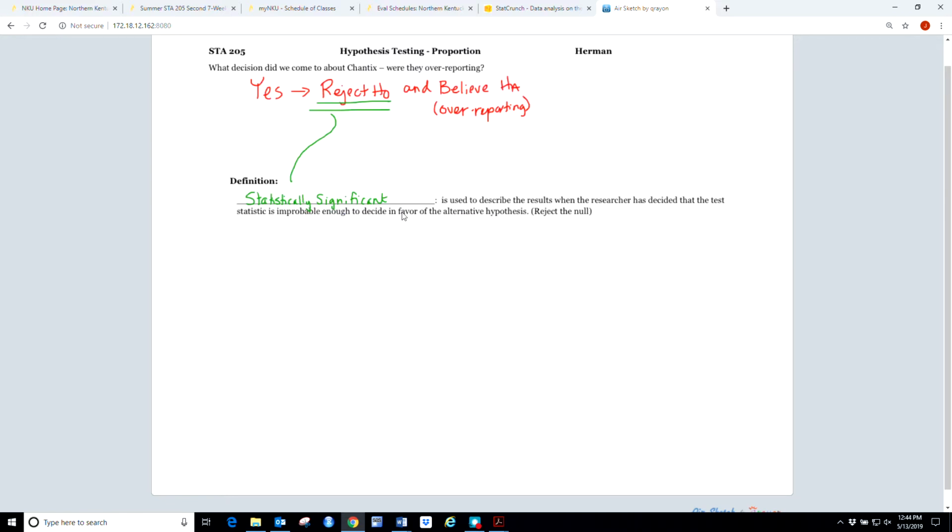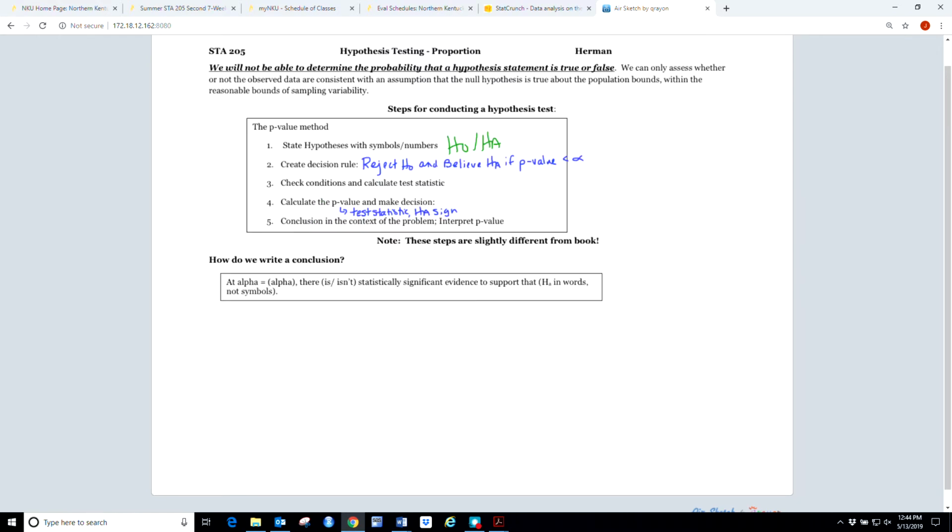We also defined what statistically significant meant. Statistically significant is when you reject the null hypothesis. So what did we do? Did we reject the null hypothesis? Yes. So I choose the word "is" when I do reject the null hypothesis, and I instead choose "isn't" if we do not reject the null hypothesis.